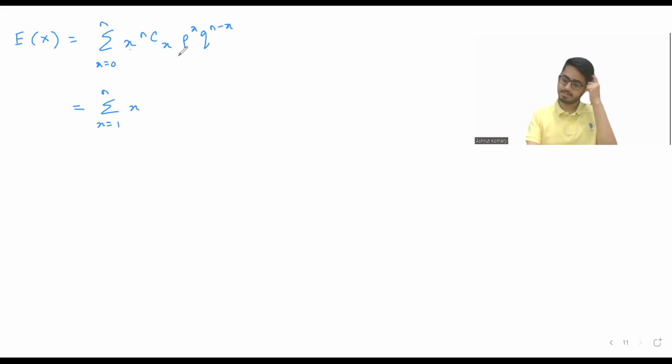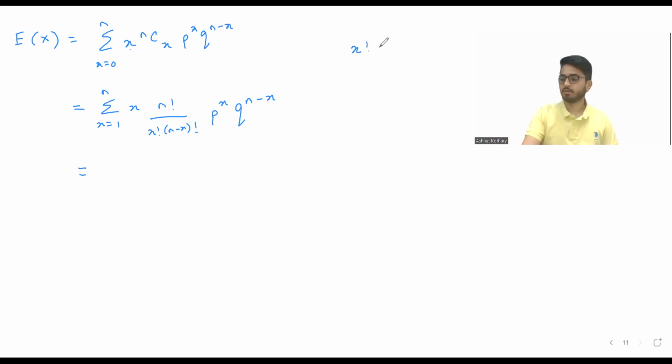Now I'm splitting nCx. I can write this as n factorial over x factorial n minus x factorial, times p to the power x q to the power n minus x. Now, if you will remember, x factorial can be written as x into x minus 1 factorial.